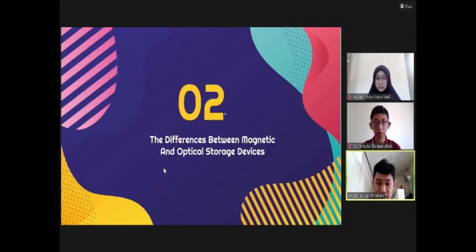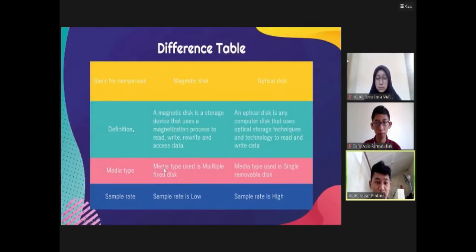Here I'm going to explain the differences between magnetic and optical storage devices. We start with definition. A magnetic disk is a storage device that uses a magnetization process to read, write, rewrite, and access data.